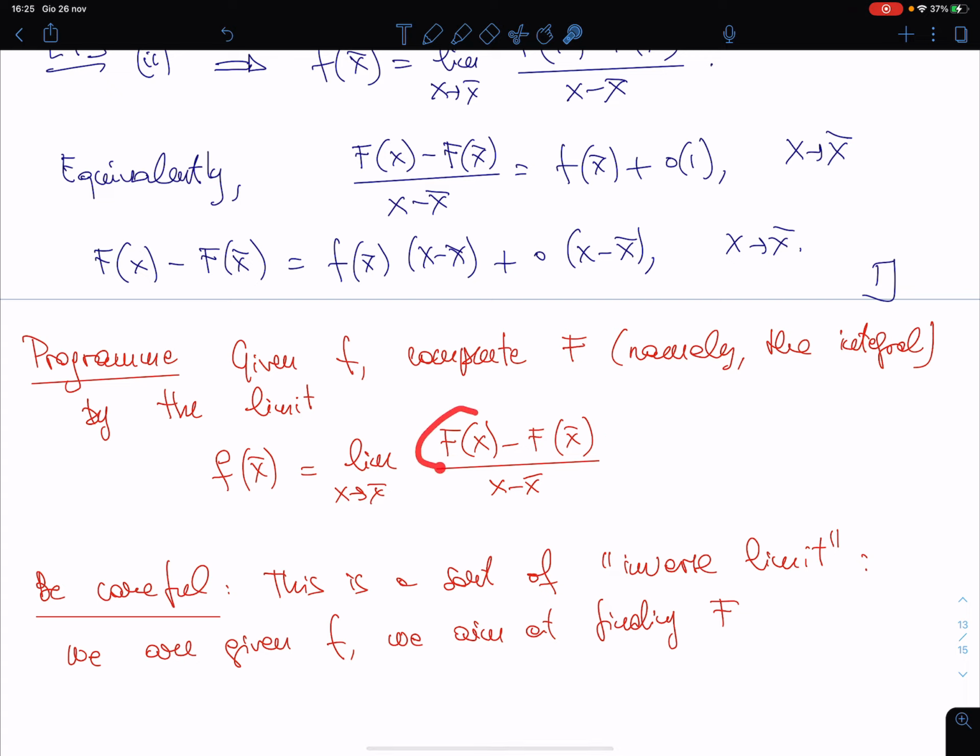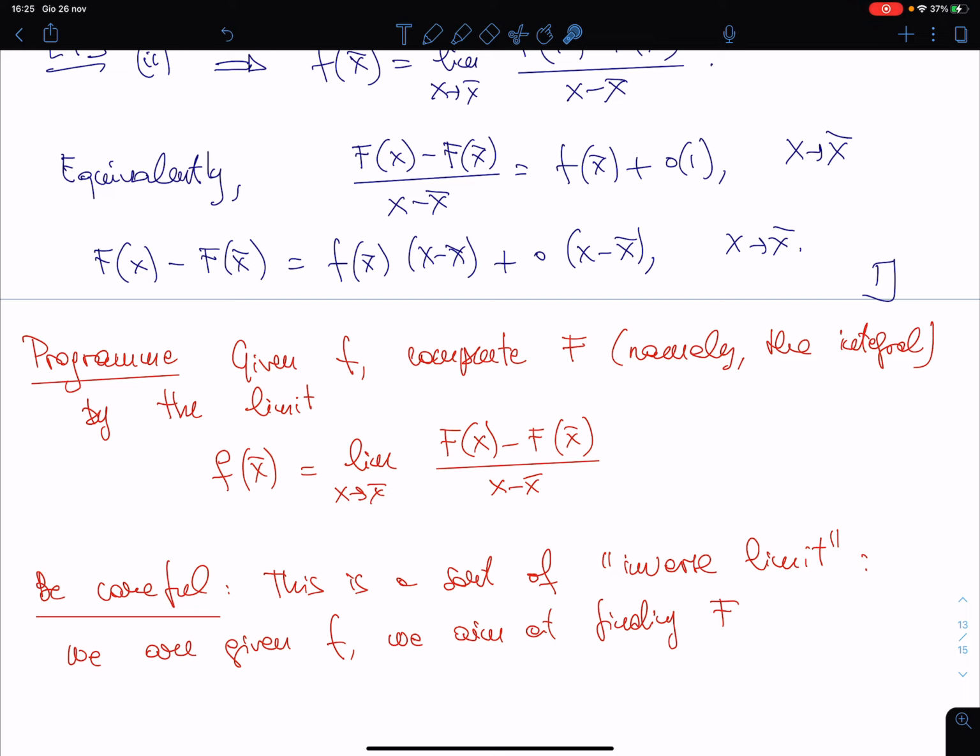Because if instead of a capital F here, we have capital F plus 1, this plus 1 cancels here, and then the result is the same. So the problem of finding capital F given small f has infinitely many solutions. But this will not be a big issue at the end.